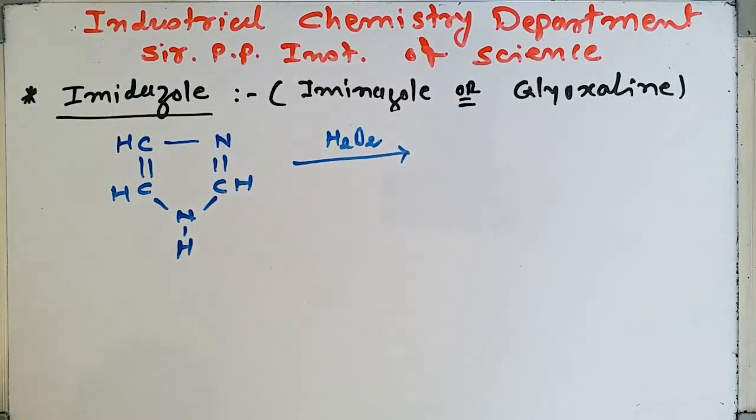Hydrogen peroxide. We have two reactions of ring opening of imidazole. When imidazole is treated with hydrogen peroxide, the ring opens to form oxamide.